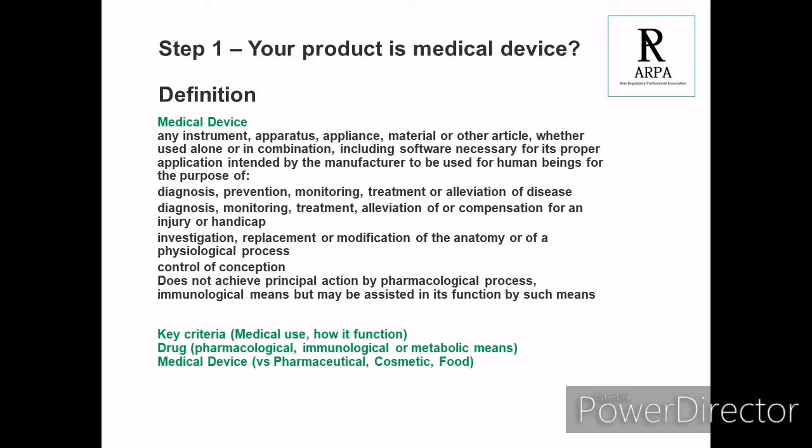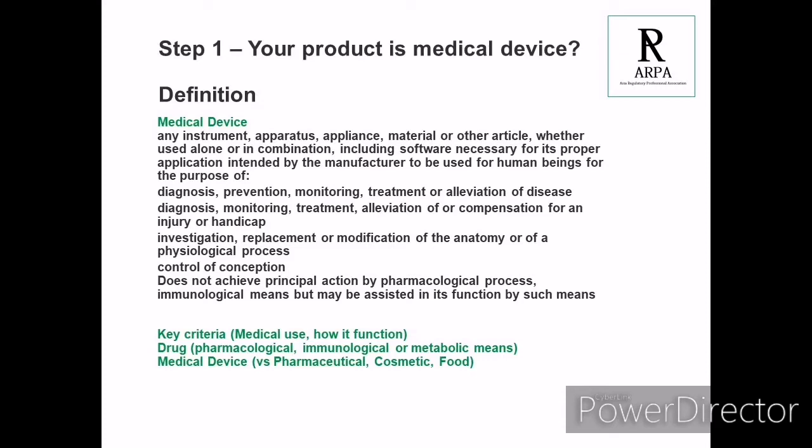Step 1, which is the most important from my angle, is whether your product is a medical device. To know this, you can study the definition here, which is an example of the medical device definition from the European market. The key criteria to know whether your product is a medical device is whether it has a medical use, and then how it functions.